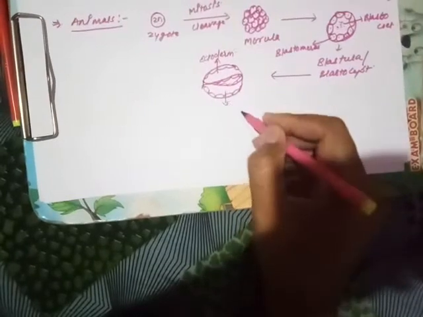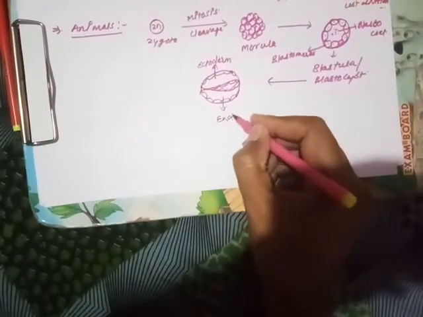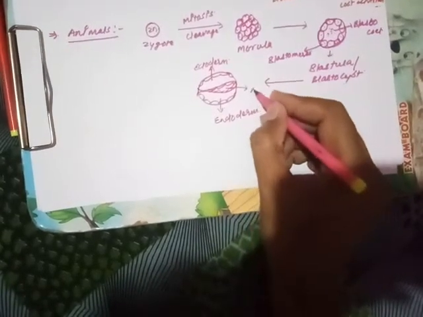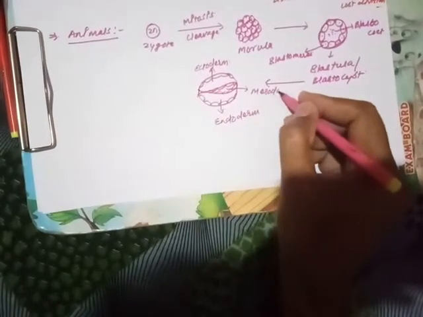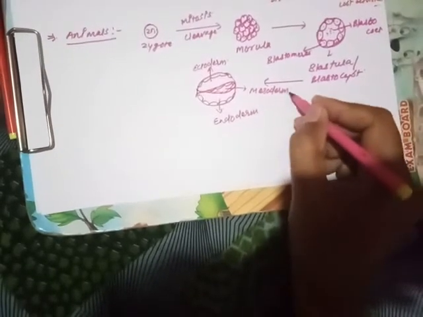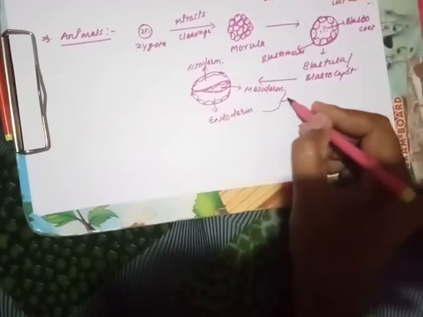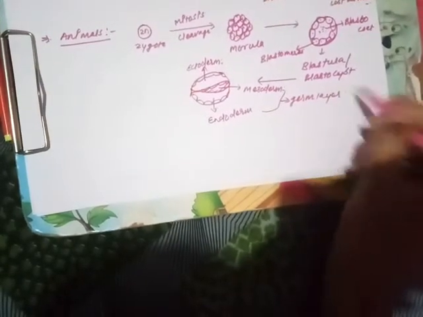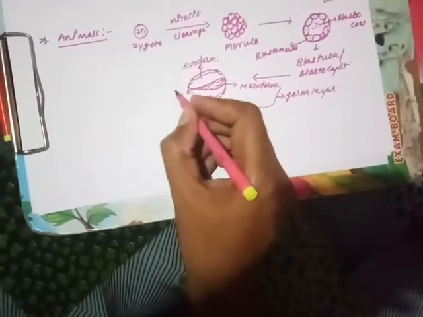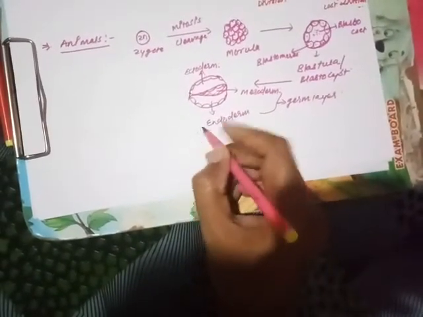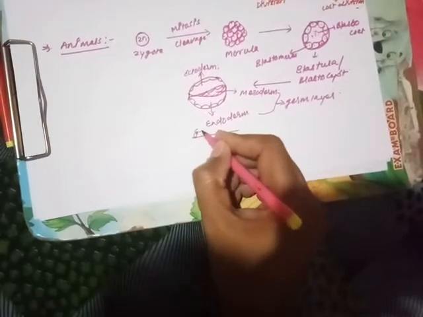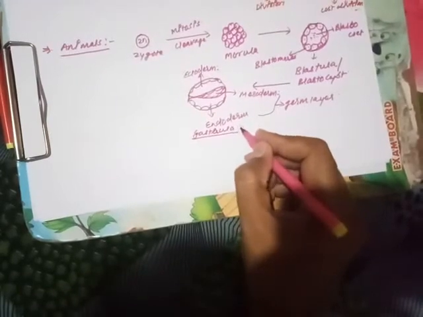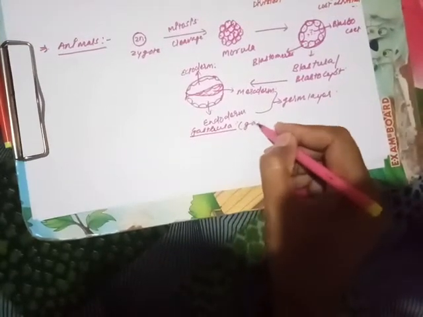The inner one is called endoderm. The middle one is called mesoderm. These ecto, meso and endoderms are the germ layers. These germ layers have the responsibility to produce the new structures, and the stage is now called the gastrula. Formation of the gastrula is called gastrulation.